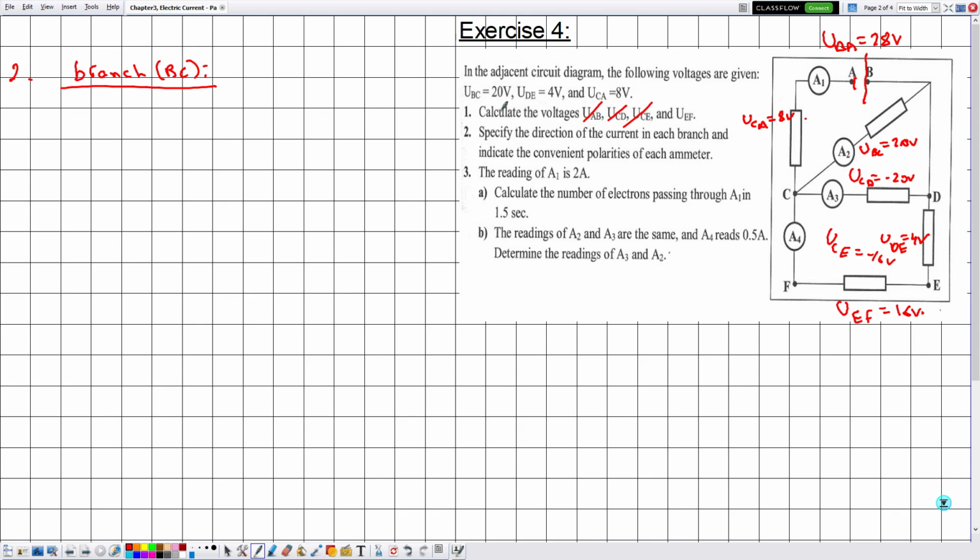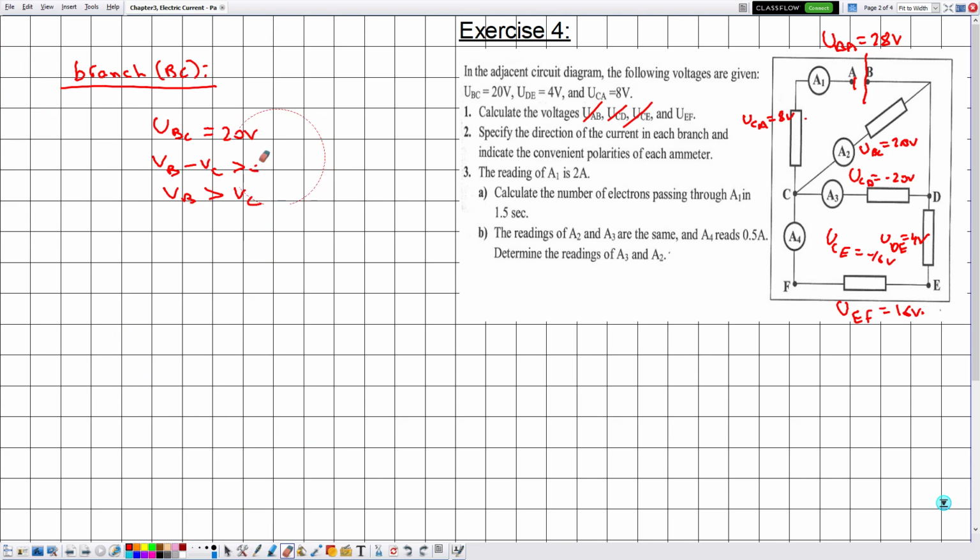Notice that in the branch BC, which is this branch, UBC is equal to 20 volts, which means it's positive, which means that VB minus VC is positive, which means VB is greater than VC. And let me write from the beginning.